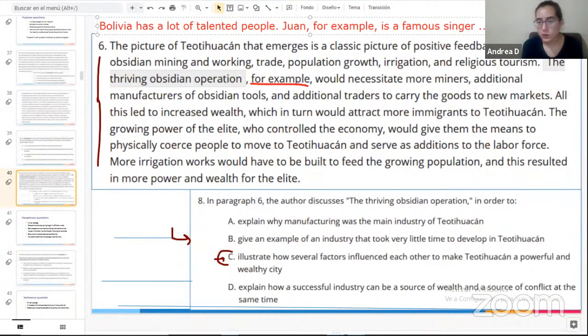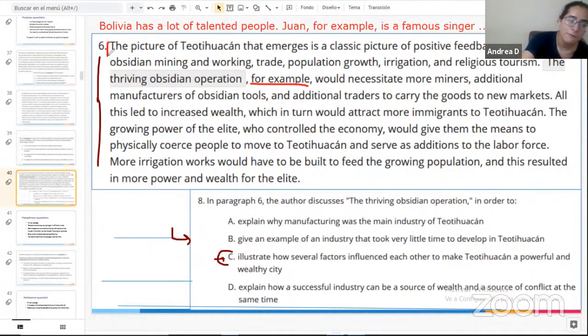Now if I ask you, what's the purpose of Juan in those two sentences, then you're for sure gonna tell me, so Juan is an example of how Bolivia has a lot of talented people. So Juan is illustrating that idea. So it's the same as what you have here. The thriving obsidian operation is an example of what you have before that. The picture of Teotihuacan is a classic picture of positive feedback among many factors, among obsidian mining, working, trade, population growth, and so on. So that's it, you just need to find a paraphrase of that.